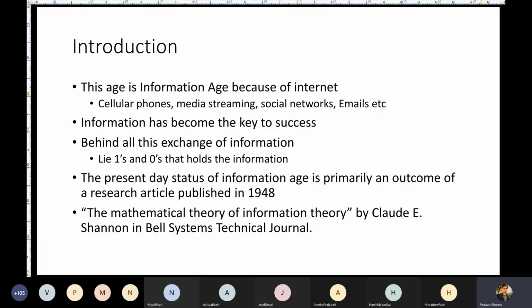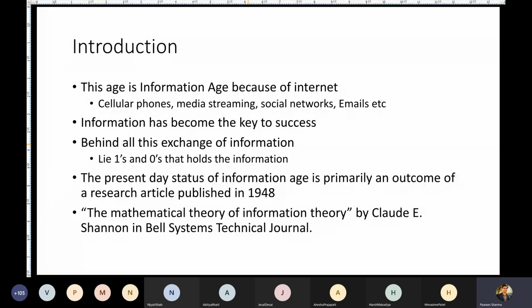So whenever you say that it is the age of the internet and this and that, always say there is a huge amount of information flow rather than data flow, because information is what is useful to us. Anyhow, behind all this information exchange, all this information is digital. We have lots of ones and zeros which are holding the information.